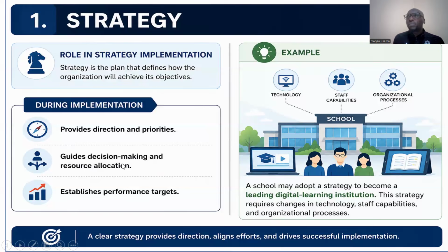Our strategy helps us when we are making decisions, and it helps us to allocate our resources efficiently. Remember, we have different types of resources in our organization: human resources, financial resources, physical resources, and informational resources. It helps us to allocate all these resources.